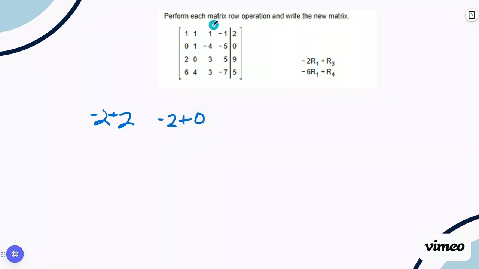And then -2 times 1, which is -2 plus 3. And then -2 times -1, which is going to be +2 plus 5. And then -2 times 2 is -4 plus 9.